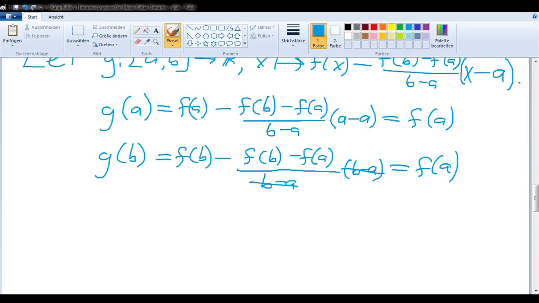I should draw this negative sign perhaps a bit lower so that we can see that this refers to the whole fraction. Then it turns out that since these things cancel, they're both equal to f of a.